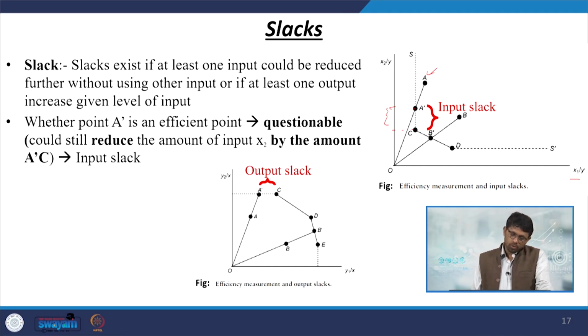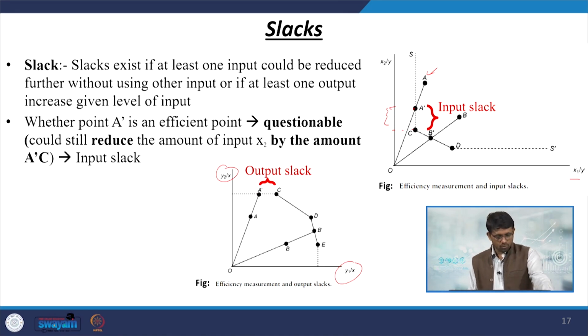Similarly, in case of output slack, the variables should be just the reverse. So, we know that A prime is also optimum and C is also optimum, but the best one is that we can maximize output with the given level of inputs.